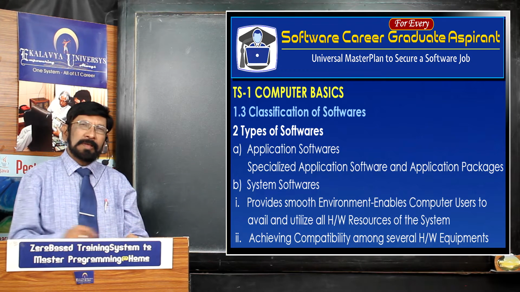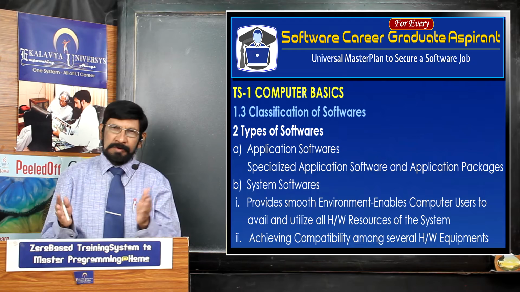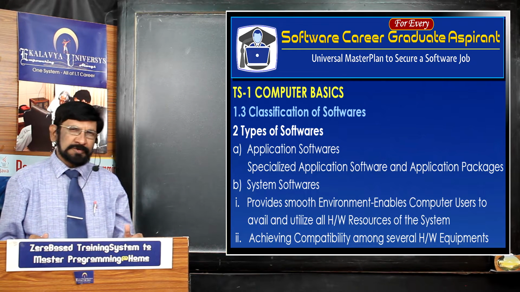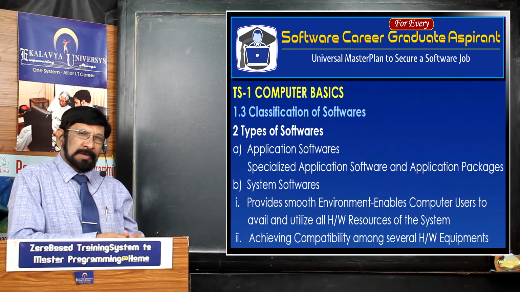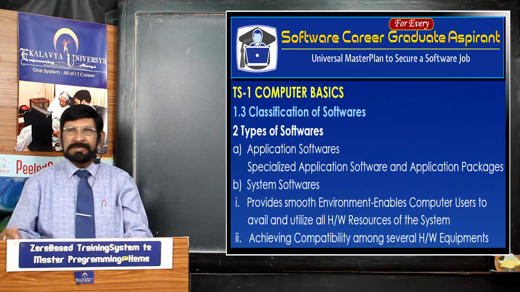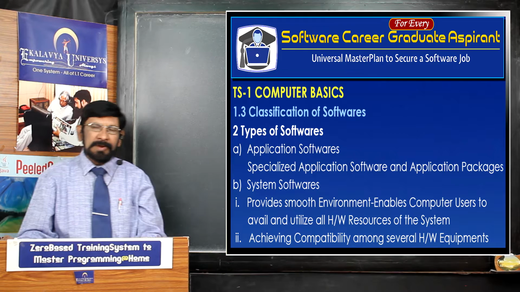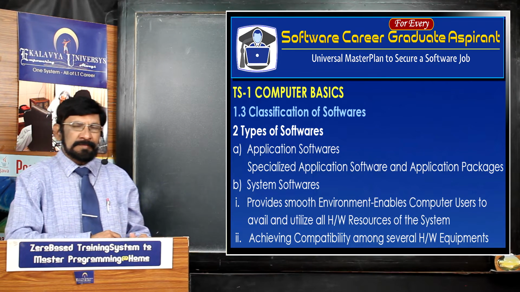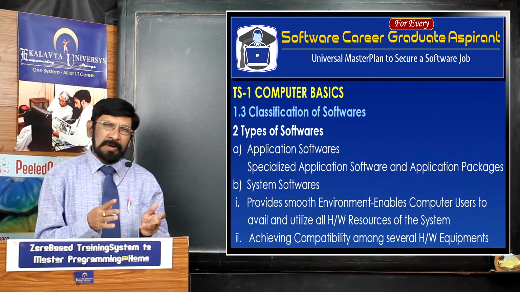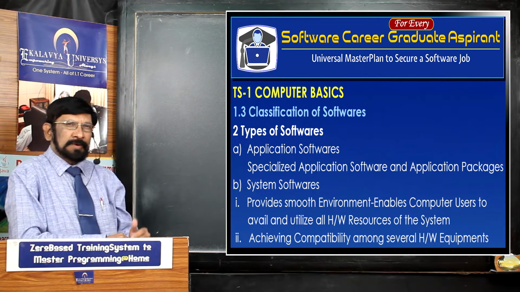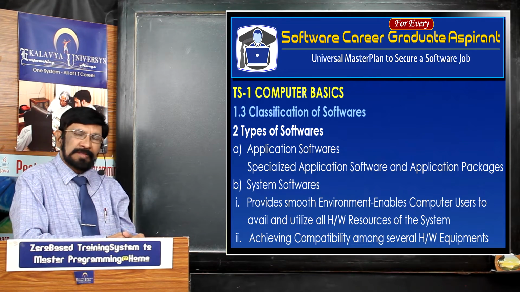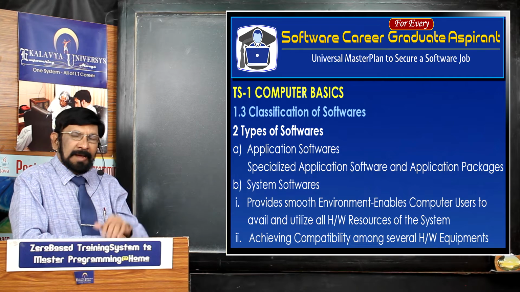For example, MS Word is there. Whenever you want to prepare a document, formatting and all that, MS Word. MS Excel, whenever you have to prepare tables, spreadsheets and all that, you use MS Excel software. Whenever you want to create images, designs and all that, you use CorelDRAW, Photoshop, etc. Whenever you want accounting tables and all that, then you use Tally software.